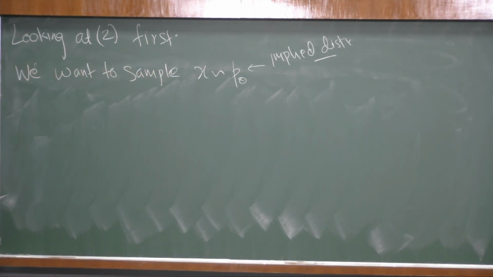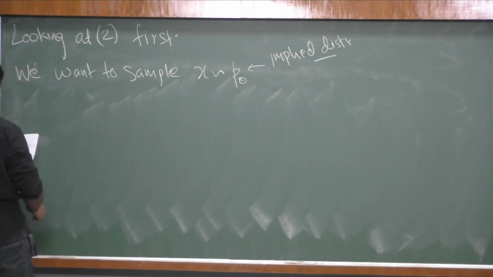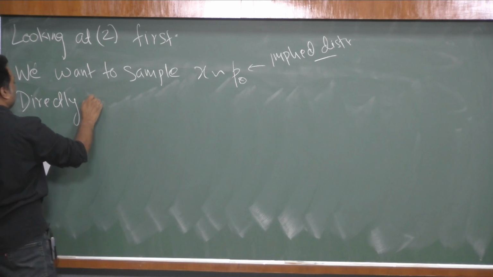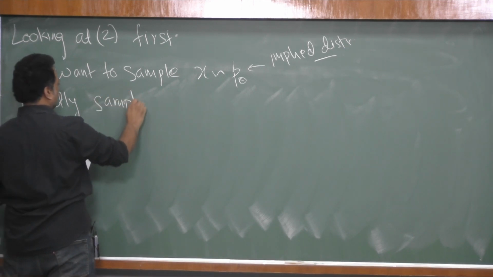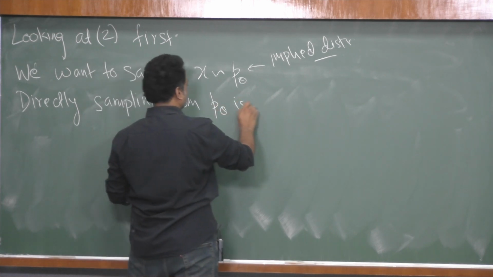We want to sample x from P theta. Directly sampling from P theta is difficult. Okay, so that we know.